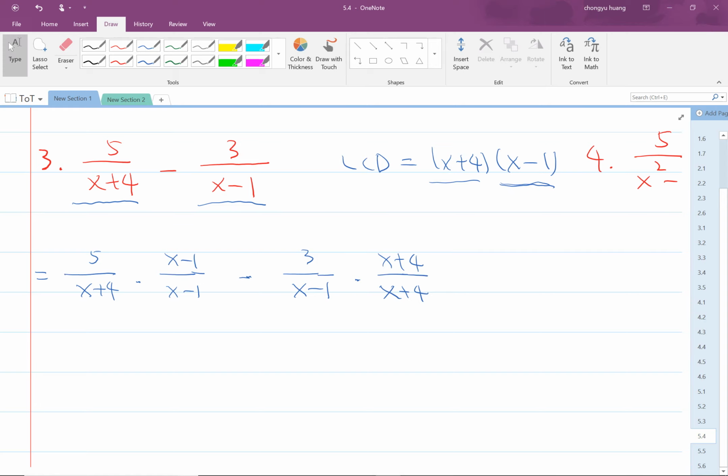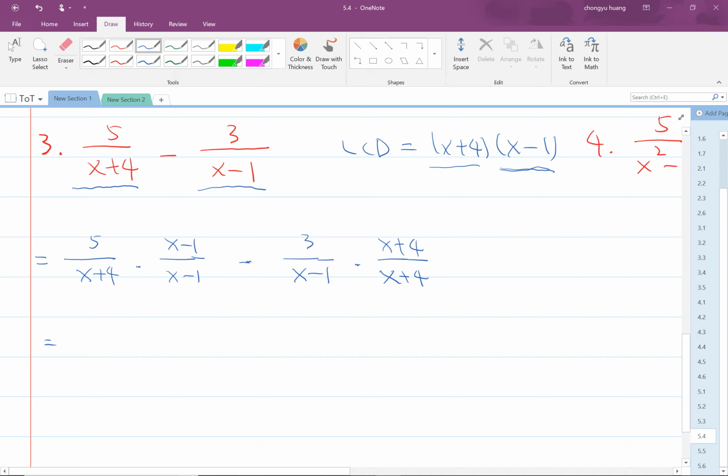So now you can see we actually have the same denominator, right? We have to multiply it. Let me do it step by step.